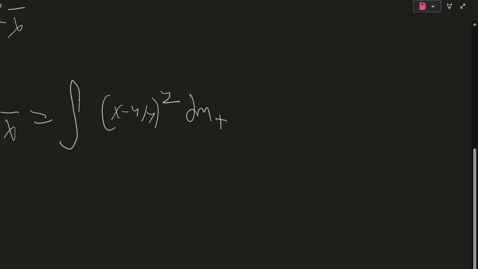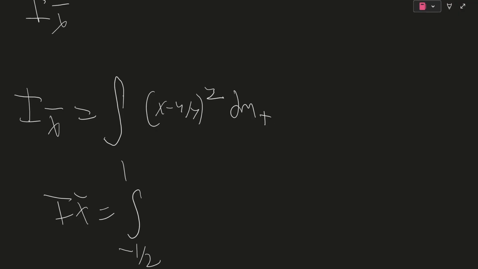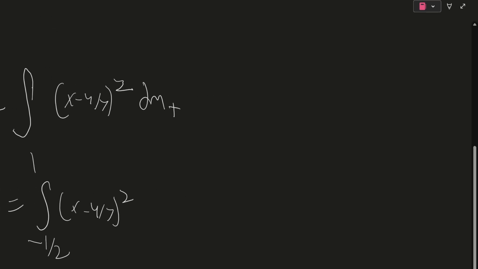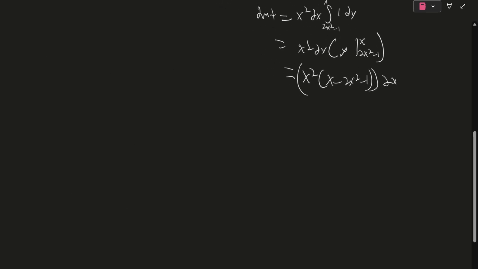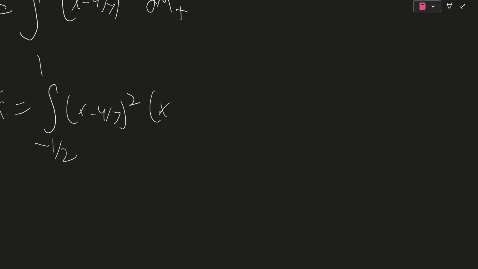Alrighty, so moment of inertia about the x-axis is going to be equal to the integral, and this is going to be in terms of x, so it's going to be from negative 1/2 to 1 of x minus 4/7 squared times x squared.